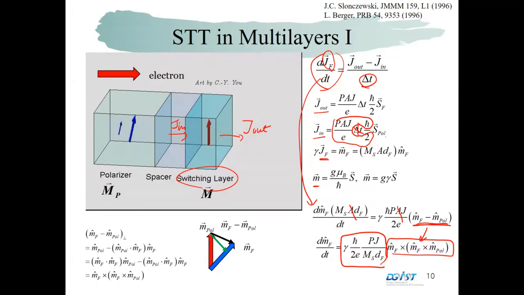Okay, so let's think about that. This is the direction of the polarization. This is the free layer. I'm sorry, the color of this arrow is opposite to this animation. Anyway, we have to calculate Mf minus M polarizer, and this vector implies this black one, right? But now we are interested in the torque acting on the free layer.